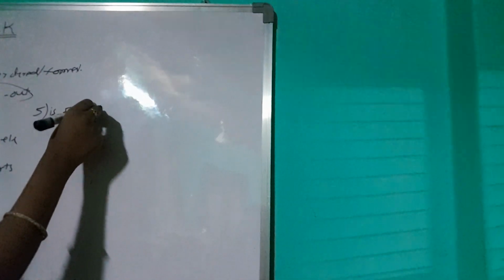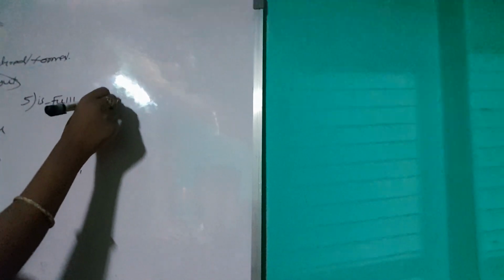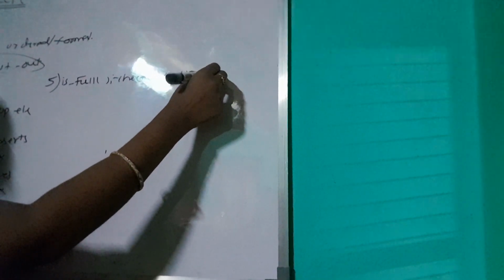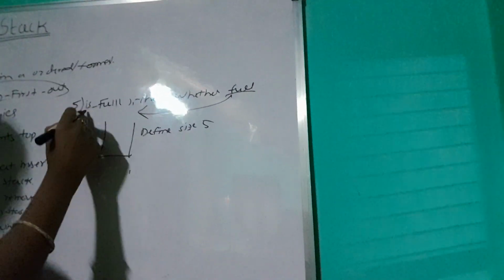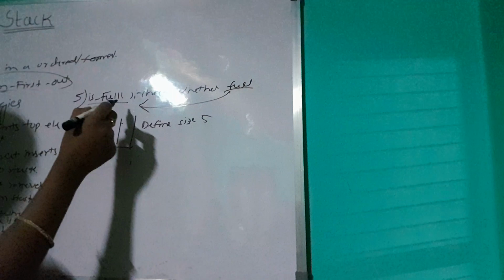The fifth operation is full. It checks whether the stack is full. Here, full means: when we create a stack, we define some size for it. For example, the defined size is 5. This operation checks whether the stack already contains 5 elements, with no place for another new element.